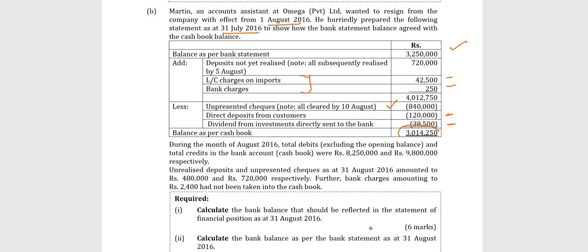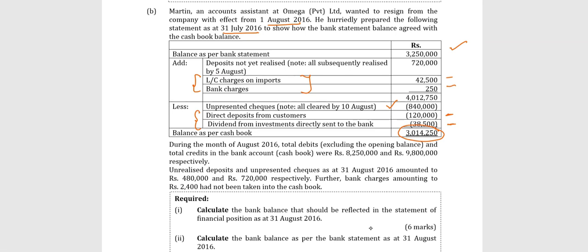Okay, but however this was not the correct balance. This balance should be adjusted for these entries. These entries, LC charges and bank charges, then direct deposits and dividend from investments sent directly to the bank, were not adjusted in the cash book.